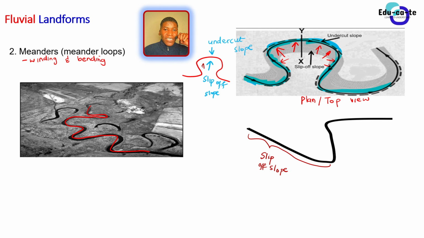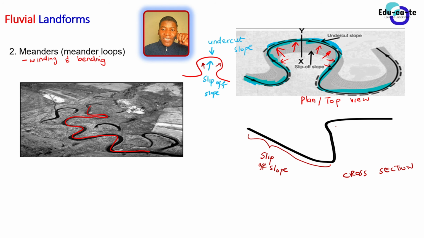This is more like a transverse profile, or a cross section. So this is a cross profile of a meander. That's how a meander looks like when you are making its cross profile.